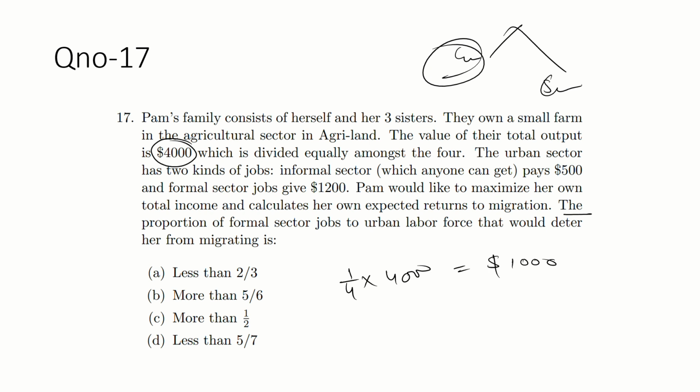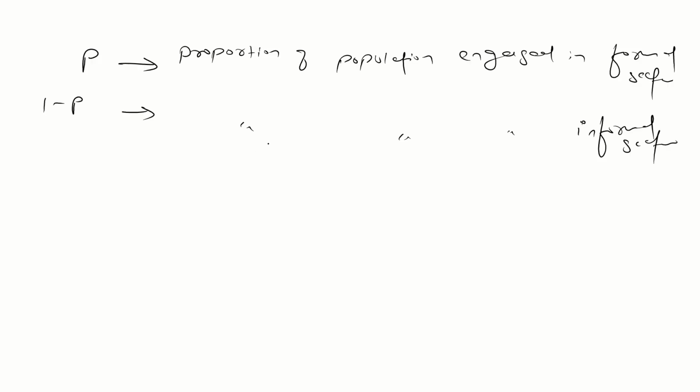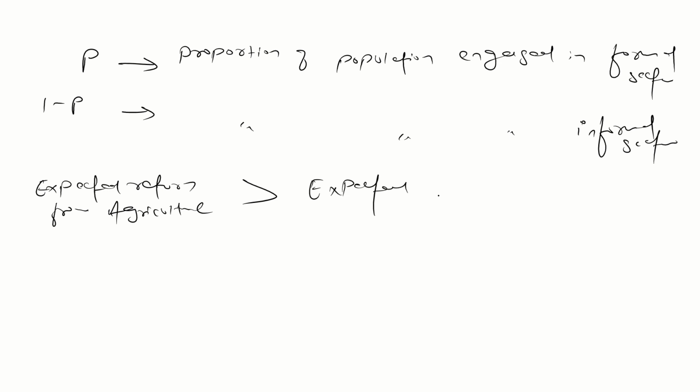Easy now. So simple, guys. Can I write that? The expected return from agriculture, if I do this only, should be greater than the expected return from the informal and formal sectors.